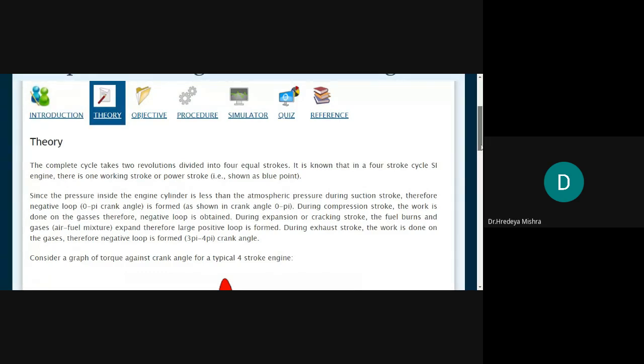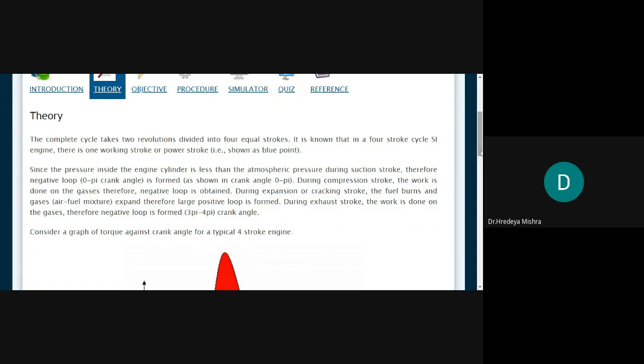Okay, so here the complete cycle takes two revolutions, divided into four equal strokes. It's known as a four-stroke cycle SI engine. There is one working stroke, or we can say the power stroke. Four strokes are there: suction, compression, expansion, and exhaust.